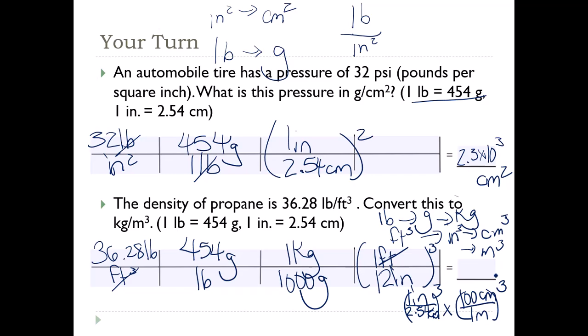And so I'll be left with meters cubed, so kilograms per meters cubed, which is what I wanted. So this should be about 582 kilograms per meters cubed. Okay, that was a fun problem. But just top and bottom cancel out. That's all there is to it.